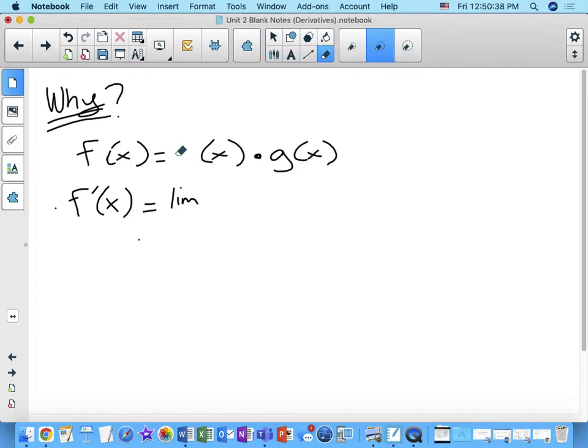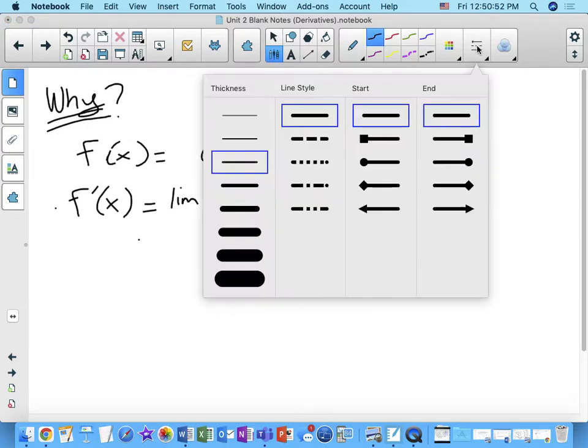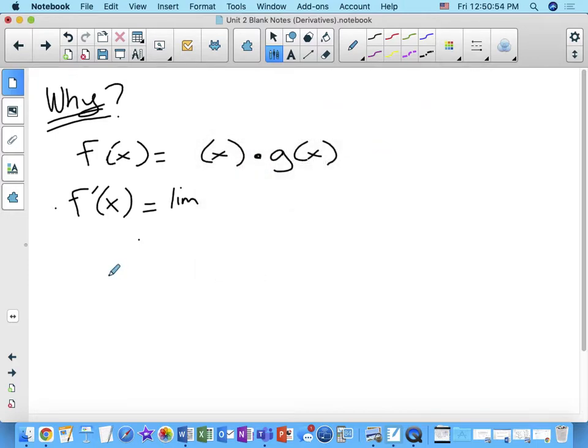Okay, give me another letter, you guys. I know, but now I have to use the limit as h approaches 0. R. Sure, my first name starts with an R. R of x times g of x. There we go. Now there's no h's involved except for this one.